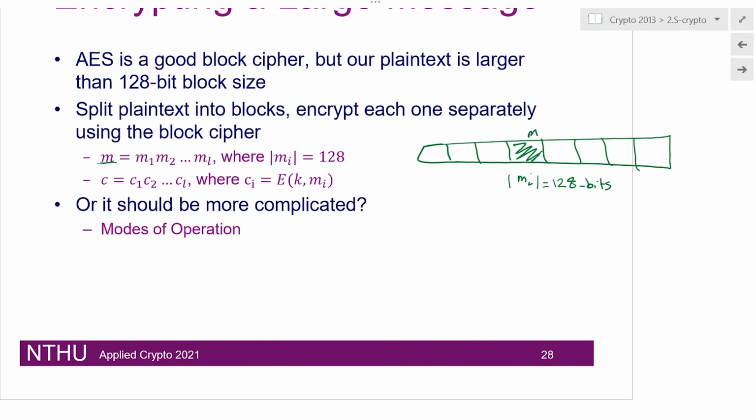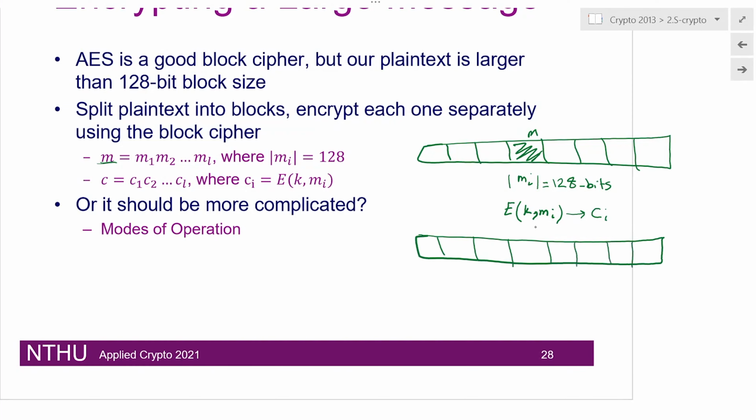Given that, I can use AES encryption, plug in my key and Mi, and compute the corresponding ciphertext Ci. So if I continue over this loop, I can compute Ci as I have computed on the top, and piece by piece, 128 bits, I would be able to do this encryption.